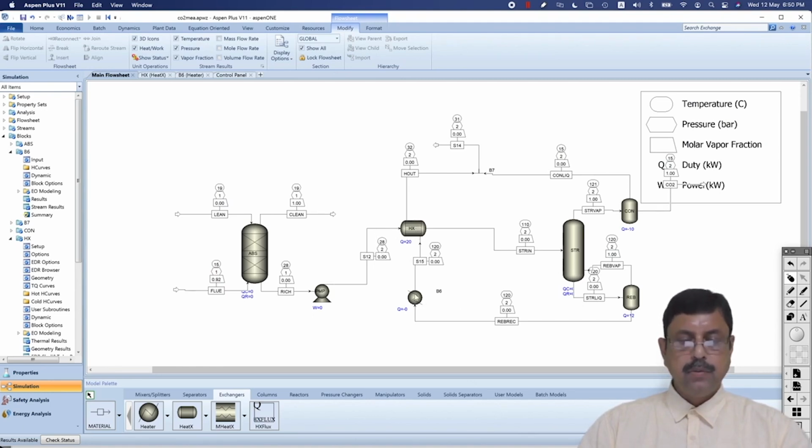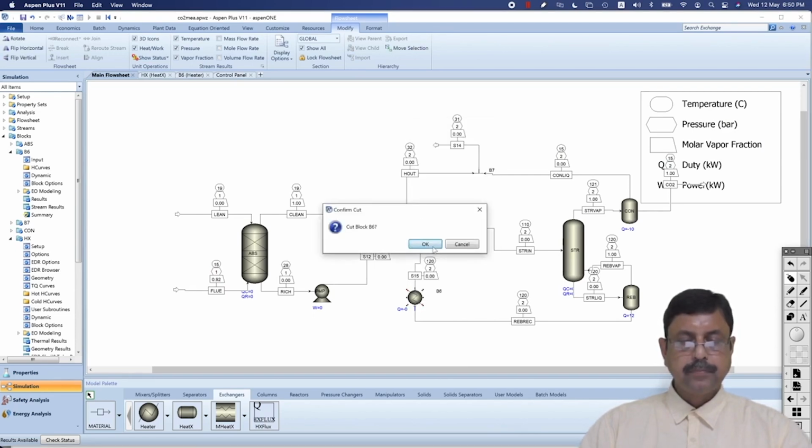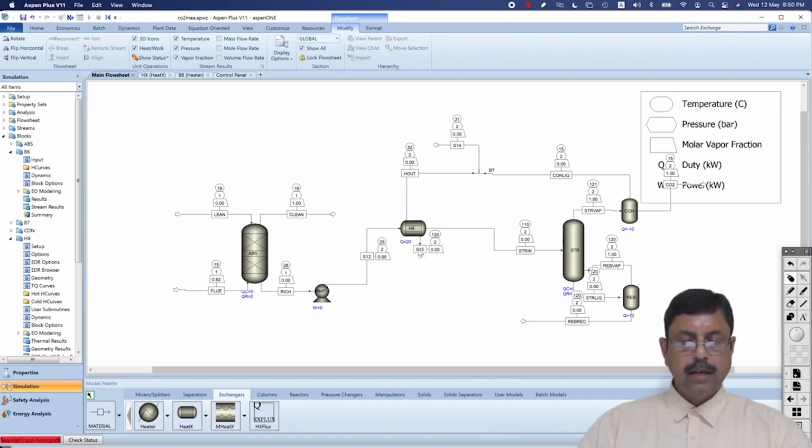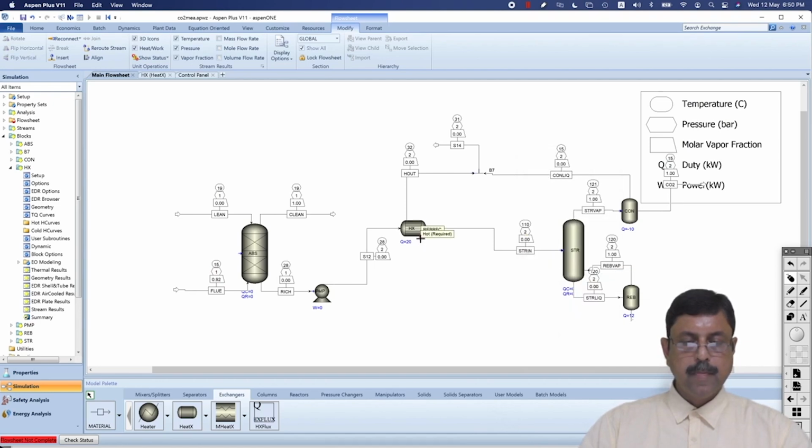So now what we can do, we can simply delete this one, and we can delete this stream as well, and we can reconnect with this destination. Okay, and we run it once again. Yes, so it has converged.